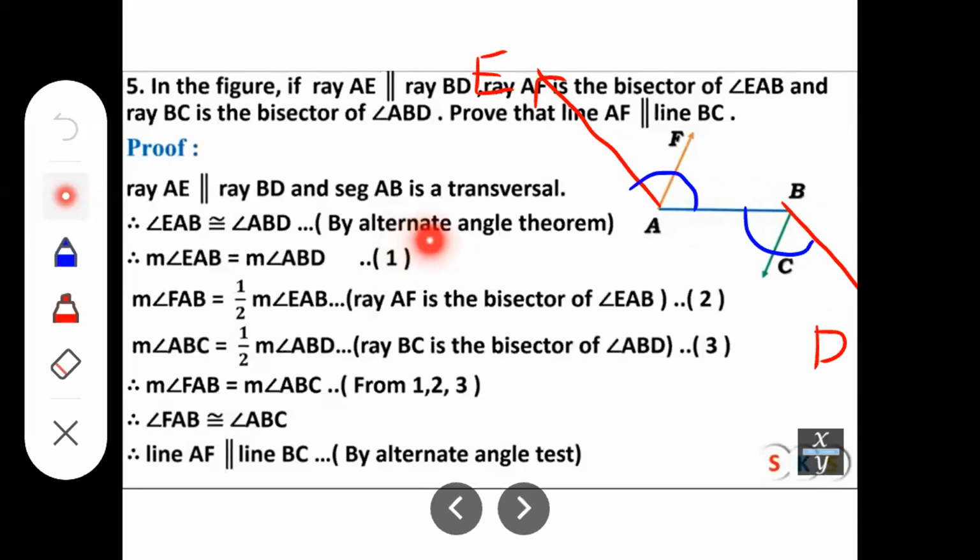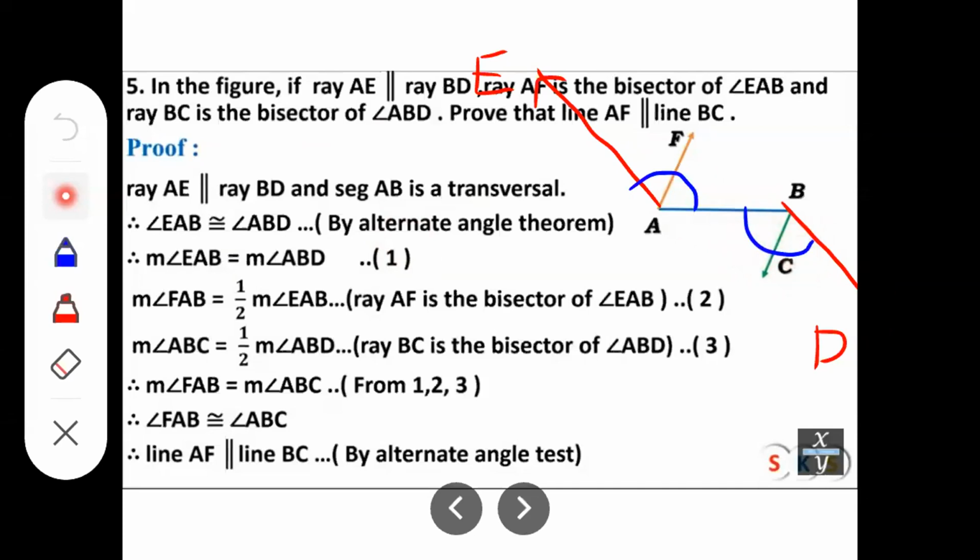Which are the alternate angles formed here? See the symbol Z, an inverted Z here. So because of that, the angles formed, this complete blue marked angle, this angle and this angle, those are alternate angles.